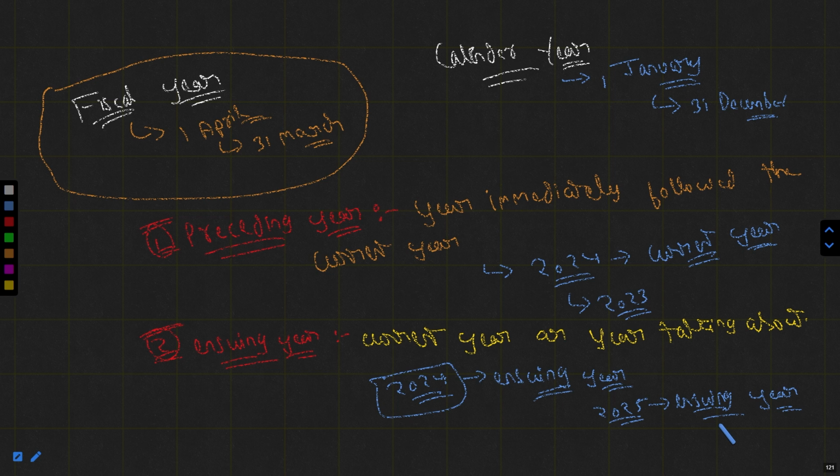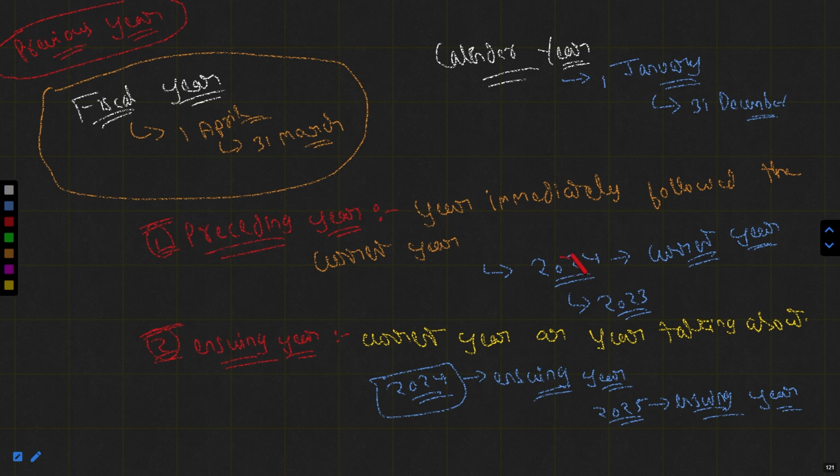But the preceding year is fixed. Here most people get confused between the preceding year and the previous year, because both are used in the field of finance. The only difference is that the preceding year is the year that immediately precedes the current year.